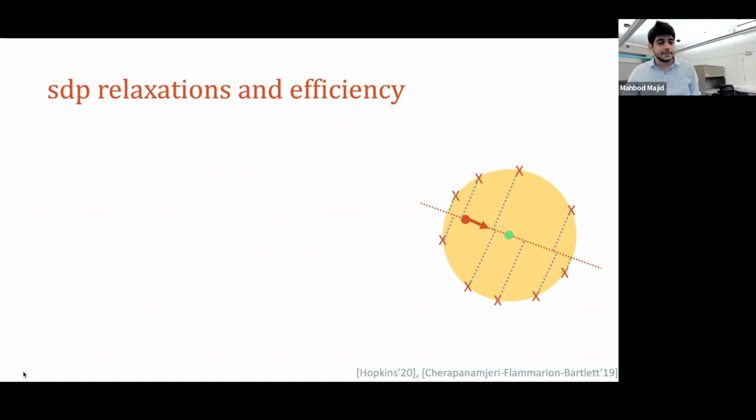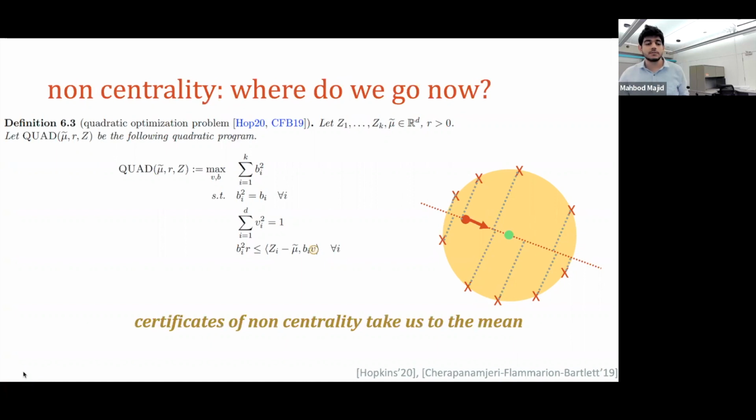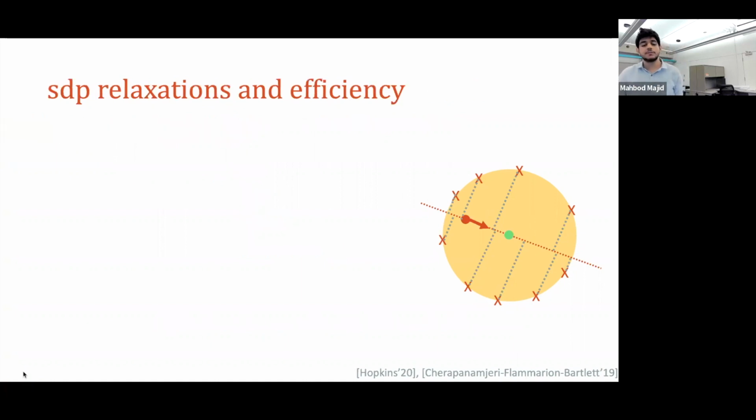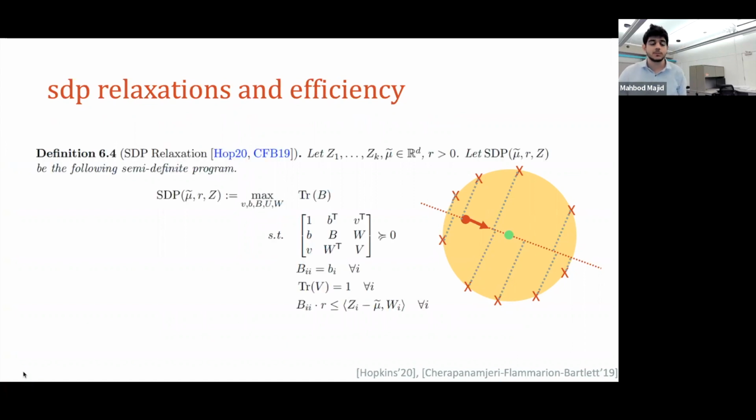And the thing is that we don't know how to solve these quadratic programs efficiently, but we know how we can approximate them efficiently. There is a standard way to solve quadratic programs, and that is through SDP relaxations. And this was used in the Hopkins and Chapman method to basically solve this quadratic program.